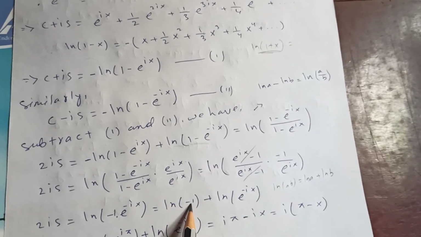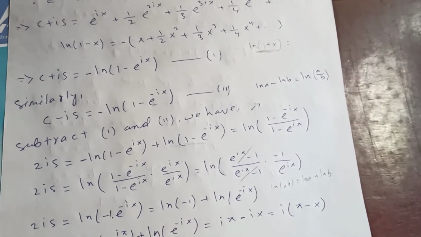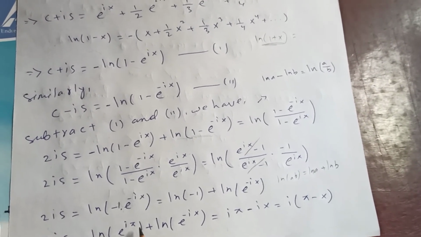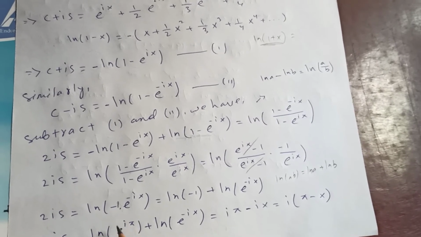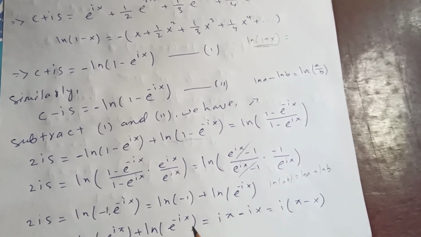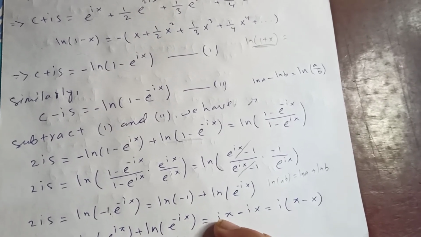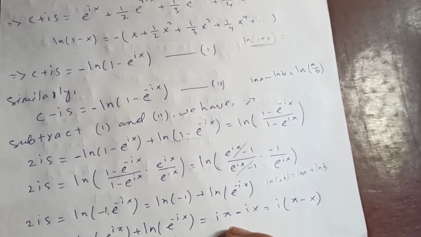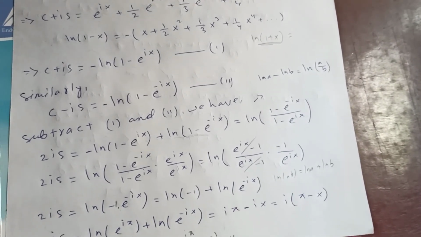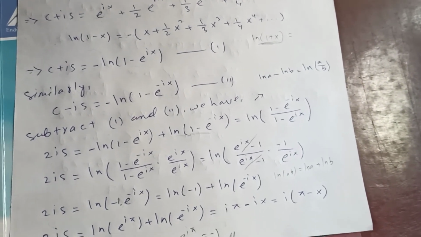Minus 1 is the same as e^(i pi), because e^(i pi) is minus 1, and this is the most beautiful equation in mathematics. I have done this also, I think.